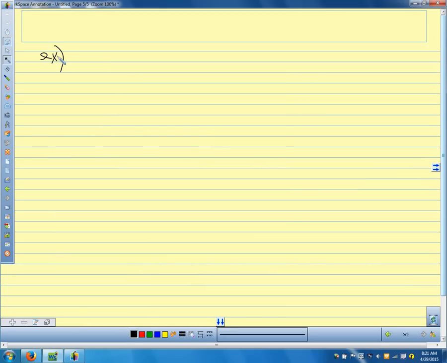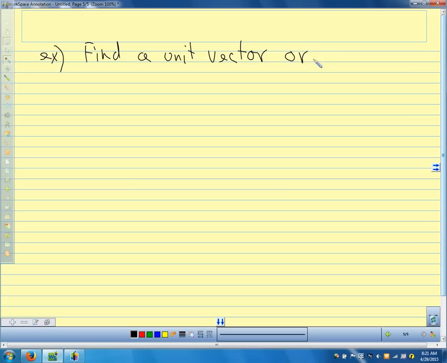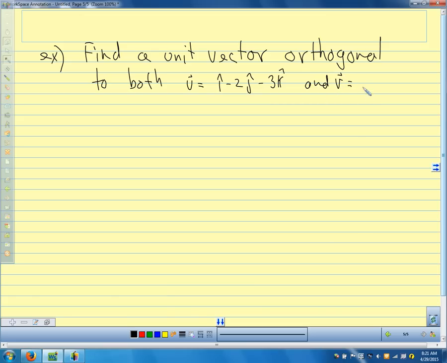So the first one, the question asks us to find a unit vector orthogonal to both u equals i hat minus 2 j hat minus 3 k hat, and v equals 4 j hat minus 5 k hat.